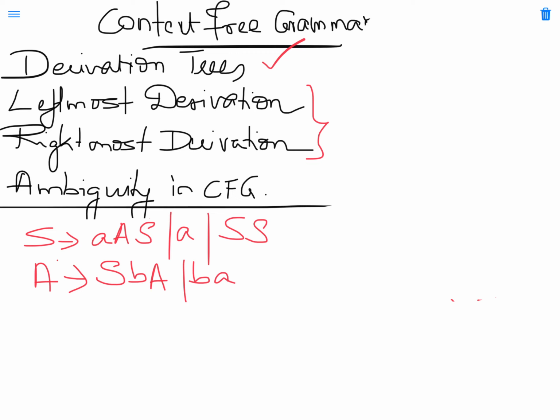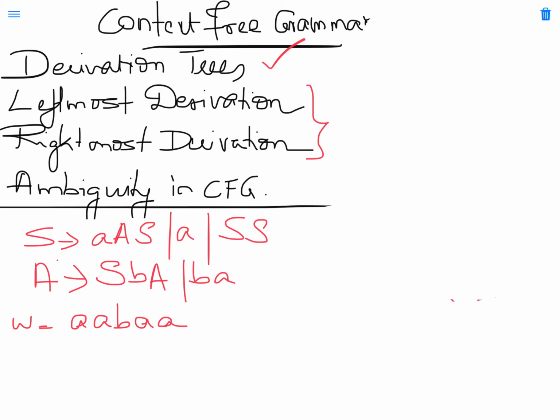Now derive the string from this set of productions. You have to derive the string w = AABAA. So how will you be able to derive this string? Okay, this I will solve for you.